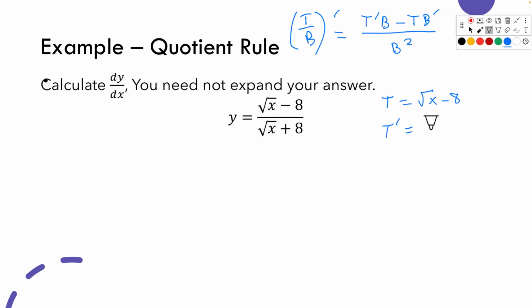The derivative of this, well, derivative of 8 is 0. What's the derivative of square root of x? That's x to the 1/2, right? Square root of x is x to the 1/2.